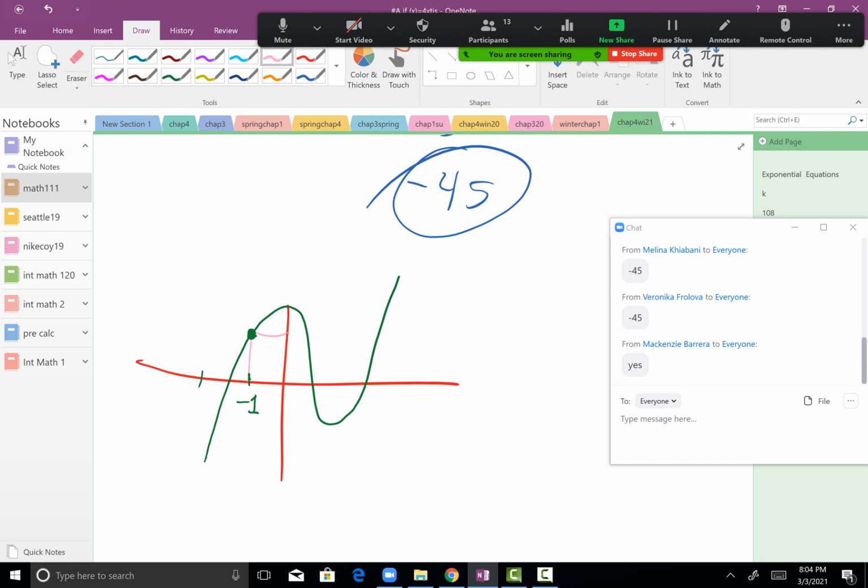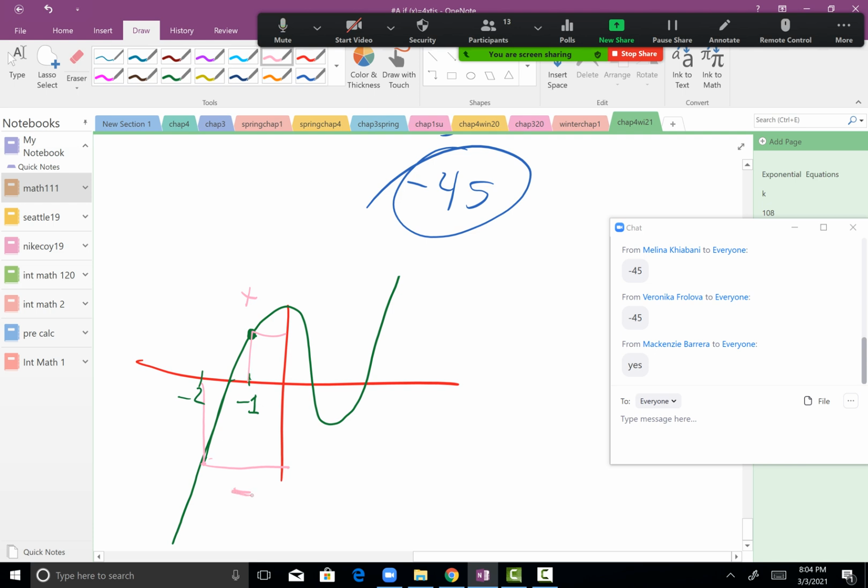All right. And that y value is going to be positive. So I did synthetic division. I put -1 in there, and I got a positive remainder. Now let's say that I go to -2, and I come down here and I come over, and I get another y value. But that y value is negative.